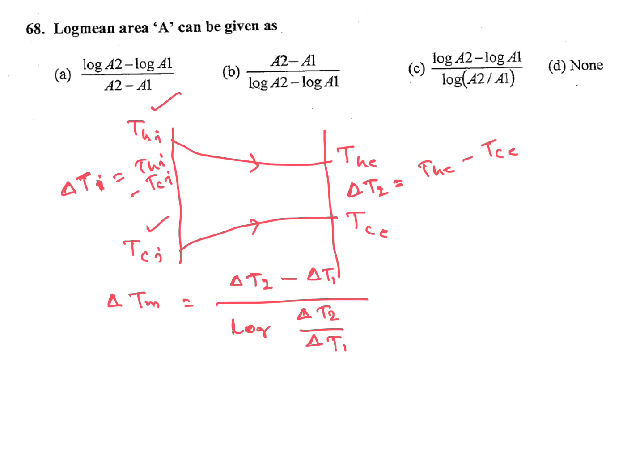Similarly, mean area is A2 minus A1 by log A2 by A1. Both are important. In this question, this one is asked: A2 minus A1 by log A2 by A1. C is the answer.